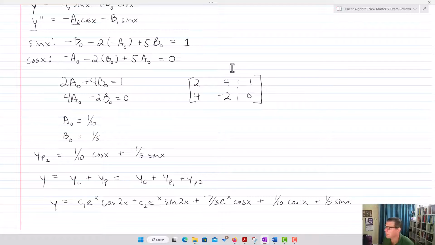And there is the complete solution to our non-homogeneous differential equation using the method of undetermined coefficients or annihilators.